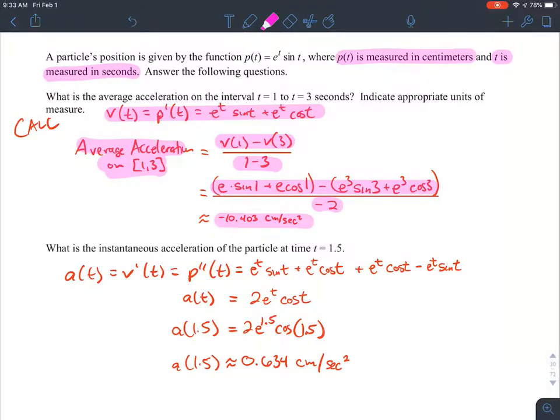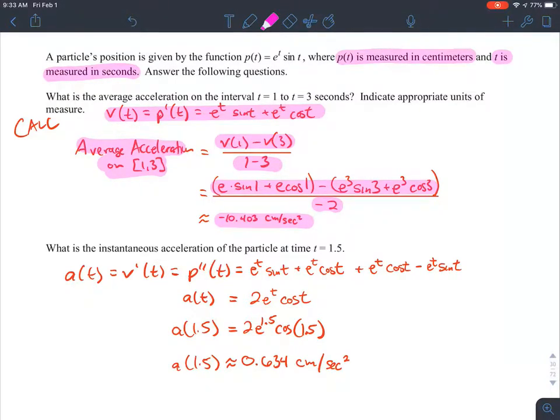Put it in your calculator. You will get the following. Let me give this to you in a sentence answer. The average acceleration of this particle from 1 to 3 seconds is -10.403 centimeters per second every second.